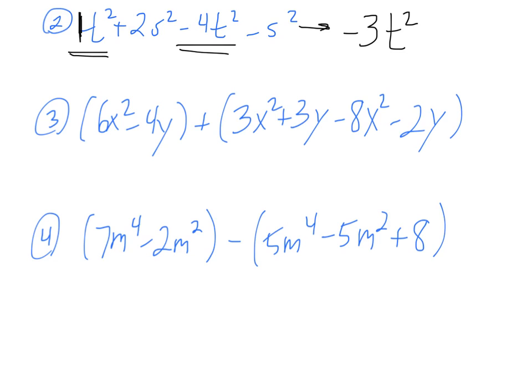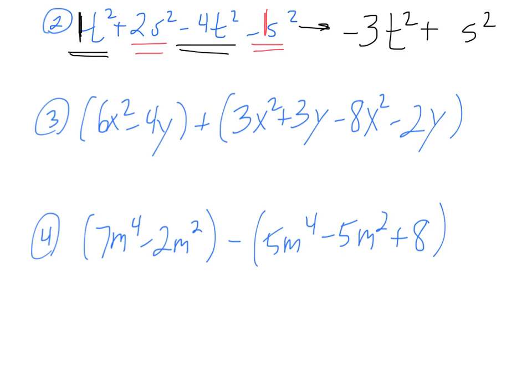Let's try the s's now. 2s squared minus 1s squared is 1s squared. Now, if you don't want to write the 1 in front of the s squared, you do not have to.